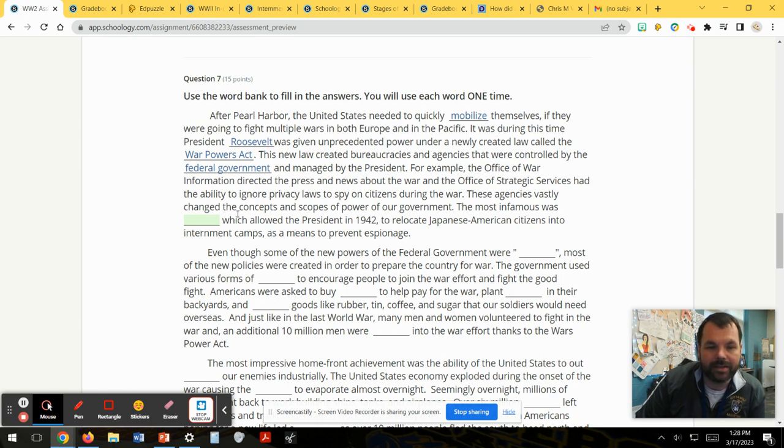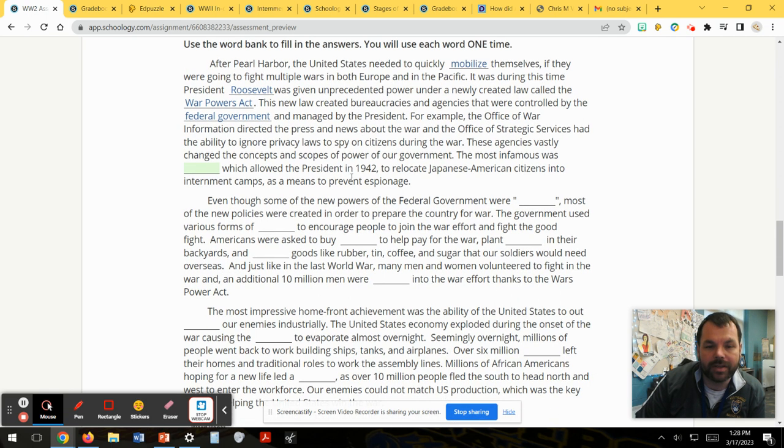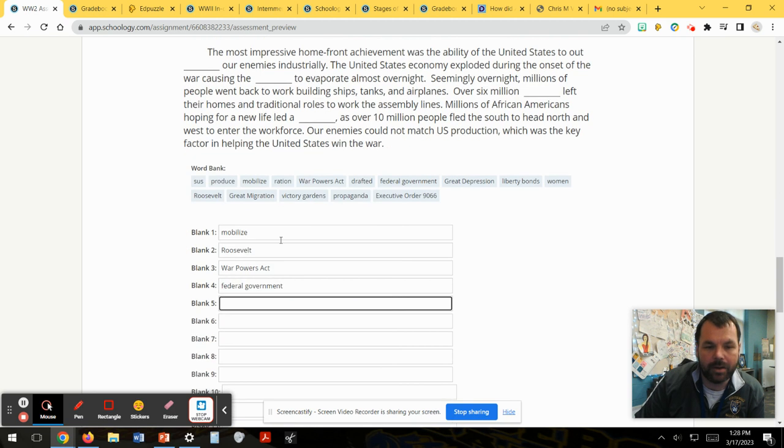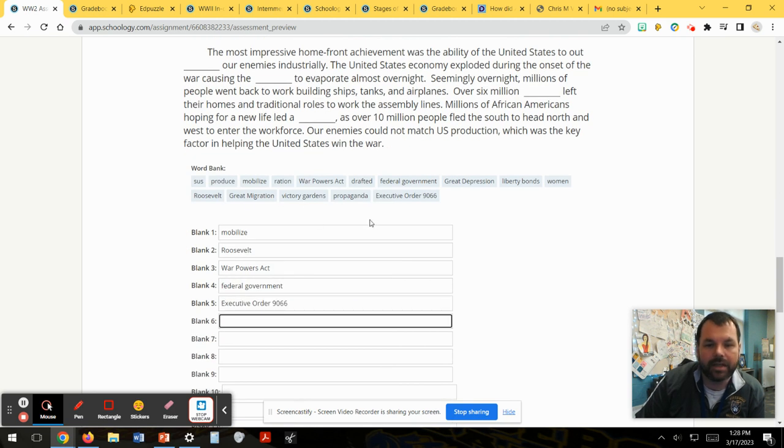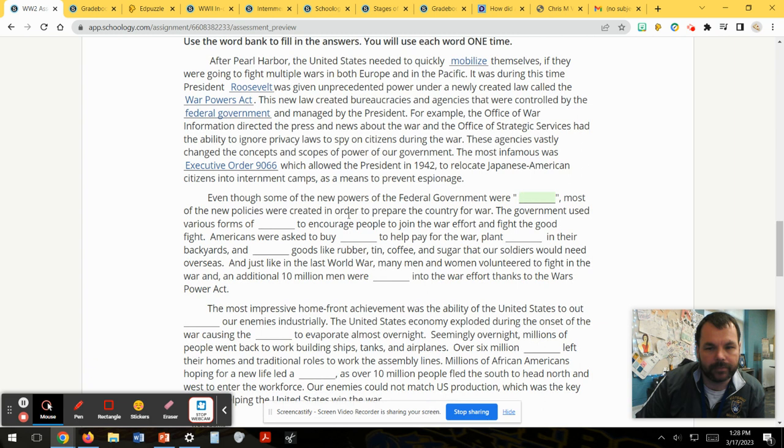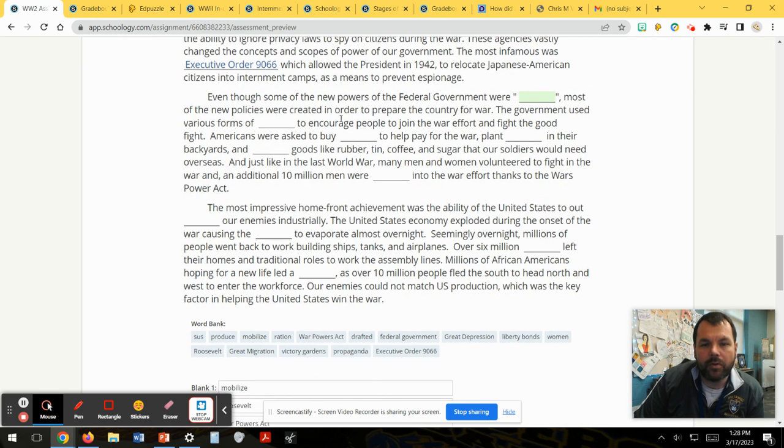These agencies vastly changed the concept and scopes of power of our government. The most infamous was blank, which allowed the president in 1942 to relocate Japanese American citizens into internment camps as a means to prevent espionage. That would be Executive Order 9066.